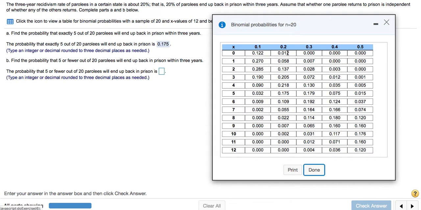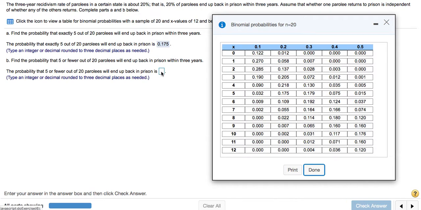And the corresponding probabilities are over here. So it was 0.175, 0.218, and so on until we get down to 0.012. The answer that you would put here is the sum of these 6 values. So in a calculator, you would start here, you'd take 0.175 and add up these values until you got to 0.012. That's the answer that goes here.